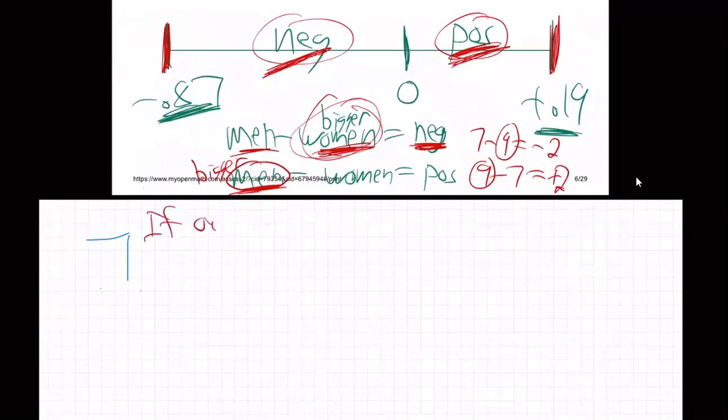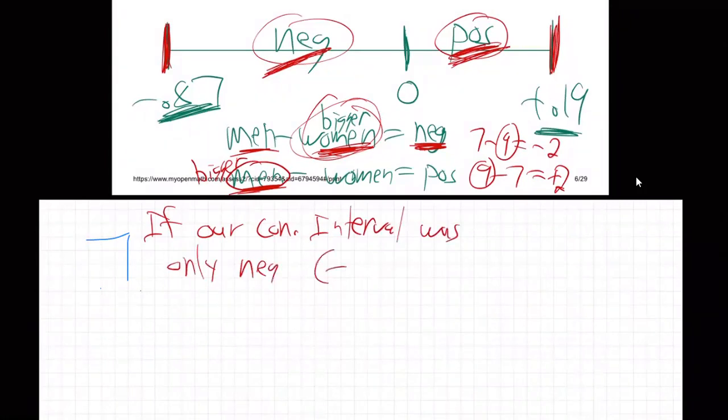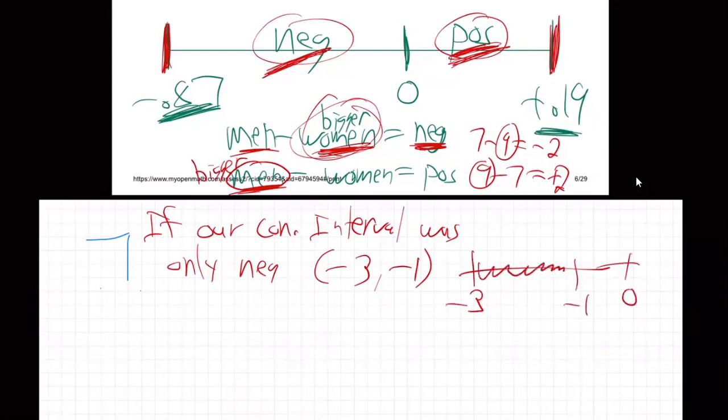Now, if the answer had come out only negative, right? If our confidence interval was only negative, like, I don't know, -3 to -1 or something, only negative numbers. Well, think about what that means. Then it's going from -3 to -1, zero is over here, right? You're saying it's got to be -3, -1. What does that mean about the two numbers?